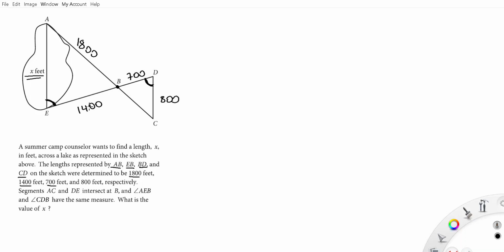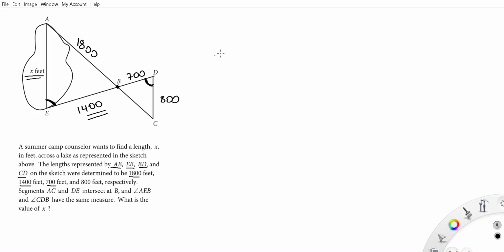And what does that mean? If I take a look at this angle right here, to the right of it, I have 1,400. The corresponding side for EB would be BD, right?